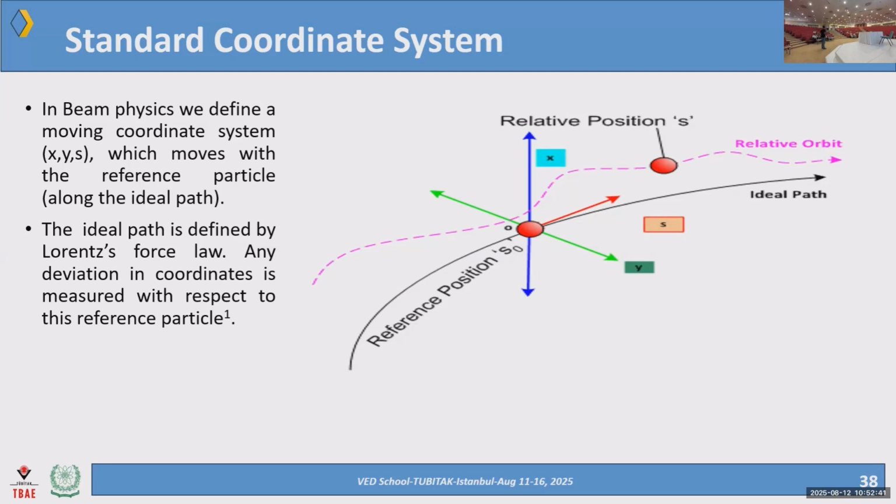I just mentioned the ideal particle. It's not any particular particle. It's a hypothetical particle that is following the reference or the ideal path. It is the path that we want the beam to follow.